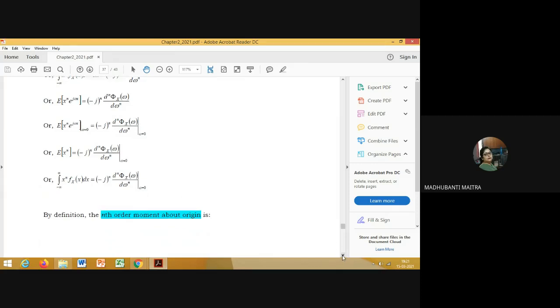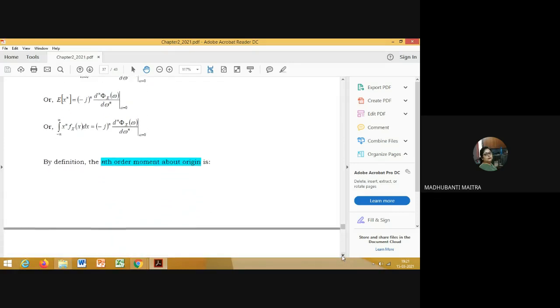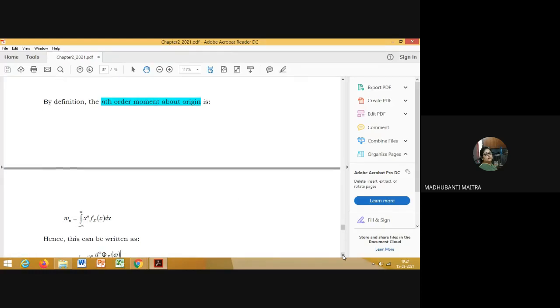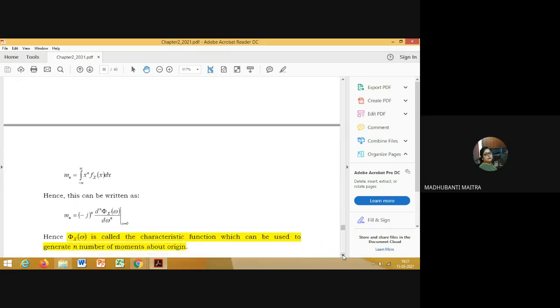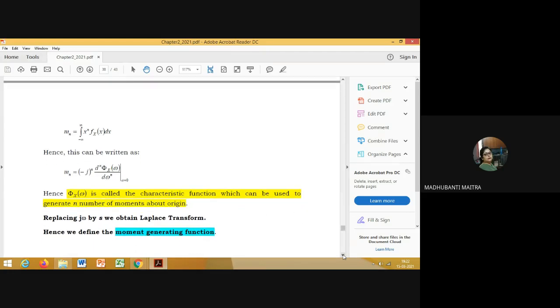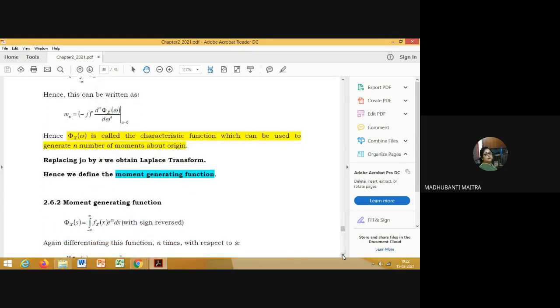By definition, the nth order moment about the origin is the expected value of x to the power n, as we have just seen. So with the help of the characteristic function, we can find the nth order moment about the origin, which is denoted by m_n, and m_n will be equal to minus j to the power n d^n phi_x(omega) / d omega^n when omega is equal to 0. Hence phi_x(omega), the characteristic function, can be used for generating different moments.